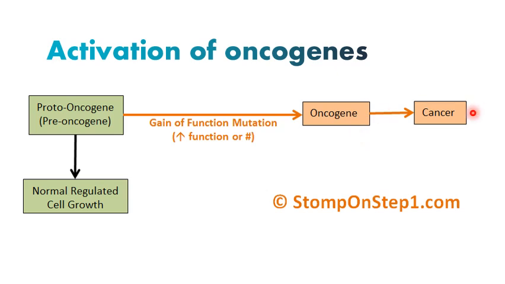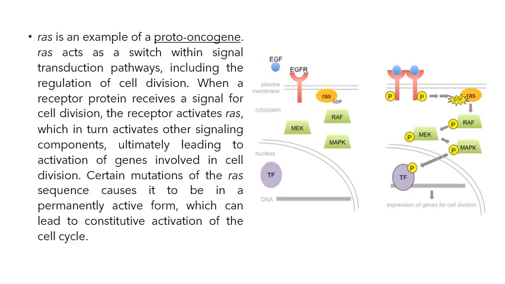If there are proto-oncogenes and they don't have any mutation or any carcinogens, then they will normally regulate the cell growth, and they will be considered normal. So as long as they don't face any type of mutation or targets, they will not develop into cancer.